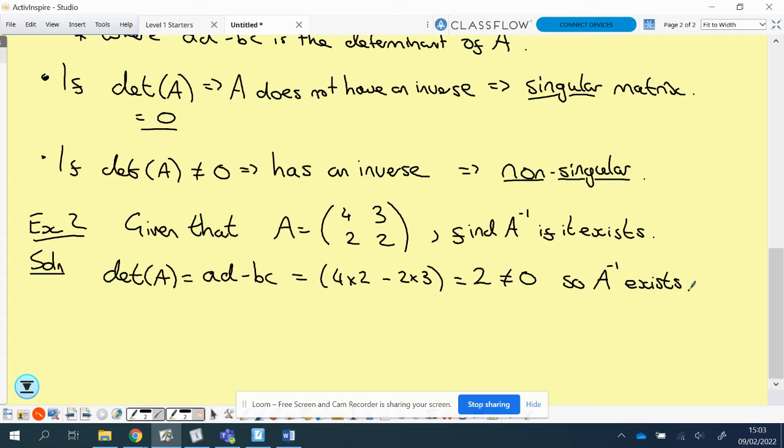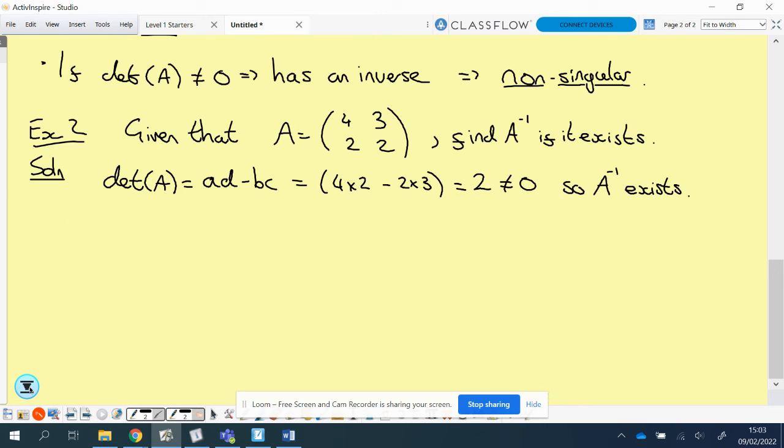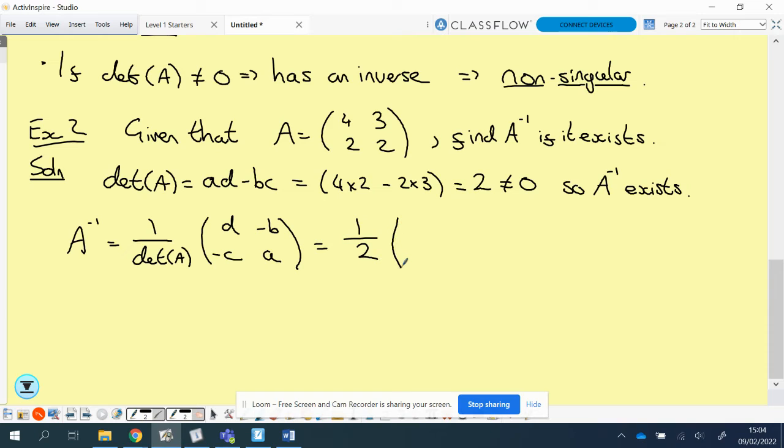Okay, after that, well, let's now find the inverse. So A inverse was 1 over the determinant of A multiplied by, well, D and A switch, and we swap the signs of B and C. So that's 1 over 2, and then we swap the positions of A and D, so that would be 2 and then 4 in the corners now, and then we change it to minus 3, minus 2.